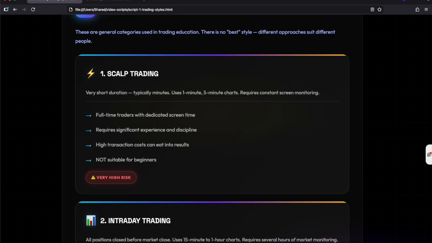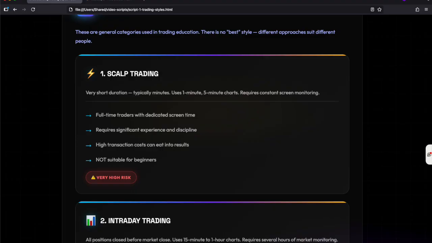Very important to know that it's considered very high risk by most market participants, requires significant experience and discipline.